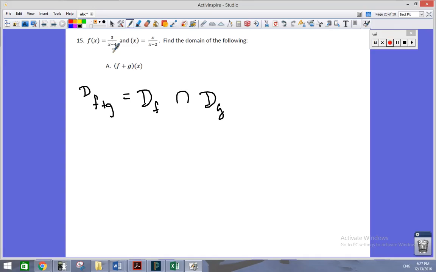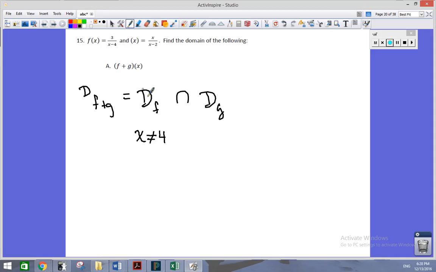The domain given an equation is the set of all real numbers excluding any values that cause division by zero, and also excluding any values that cause us to take the square root of a negative number. I don't have any square roots, so I can see right away that f does not like working with the number 4, because 4 minus 4 is 0 and 3 divided by 0 is undefined.